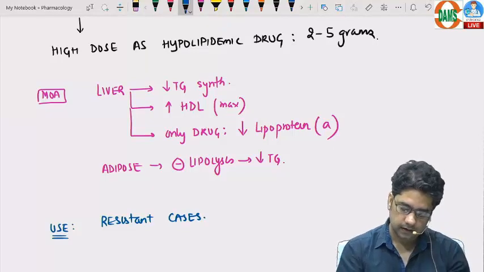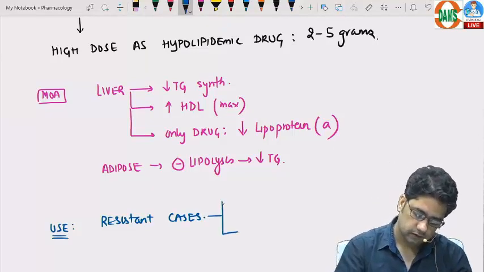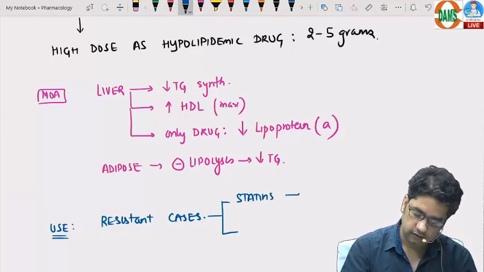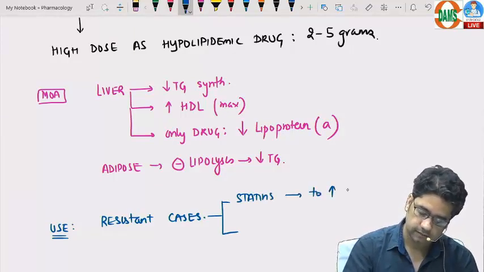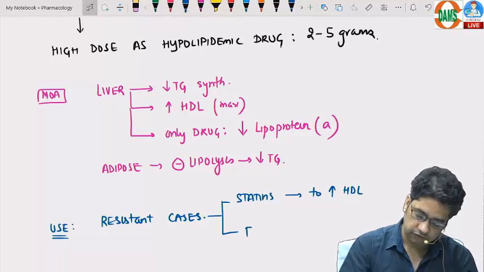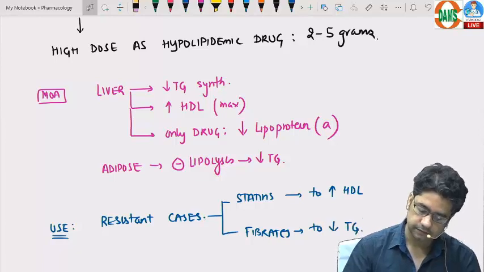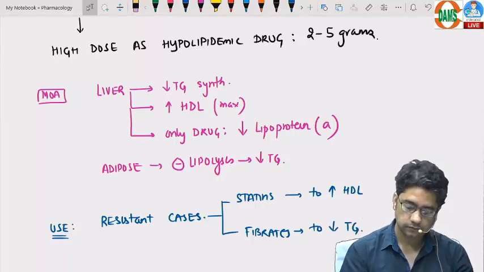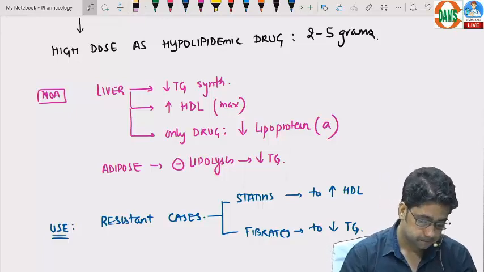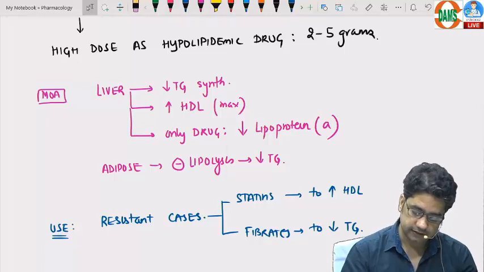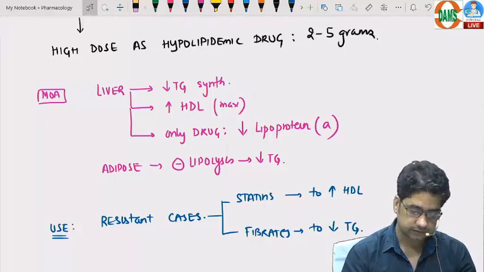In resistant cases with statins to increase HDL level, with fibrates to decrease triglyceride level. Last point is niacin side effects.